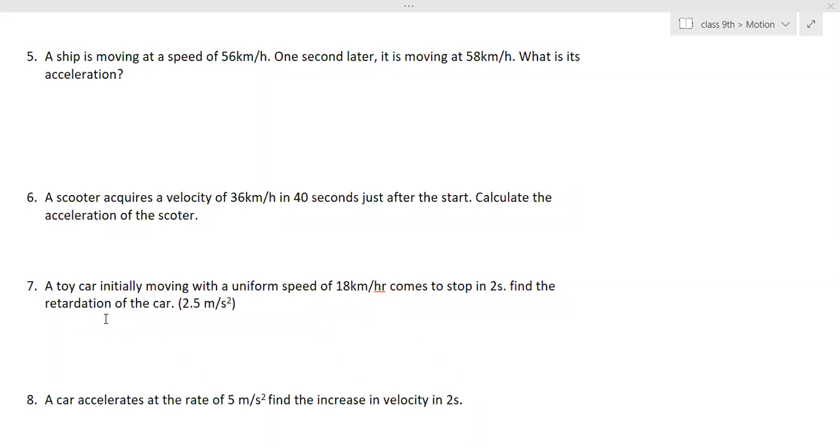It's written to find the retardation. So should we convert it like retardation equals 2.5 meter per second square? Yeah, you can write a is equal to minus 2.5 meter per second square. That is the final answer.